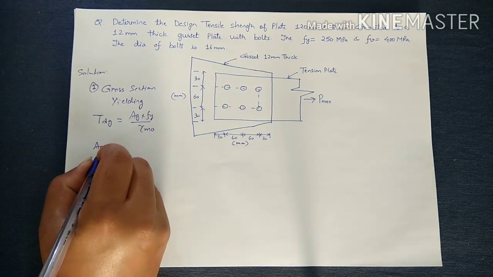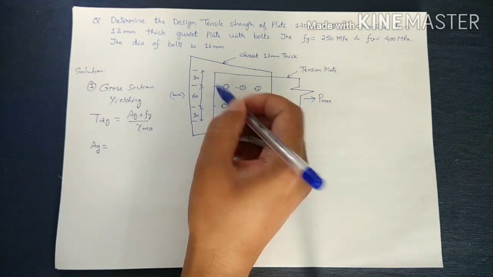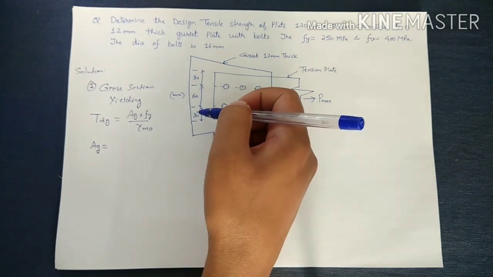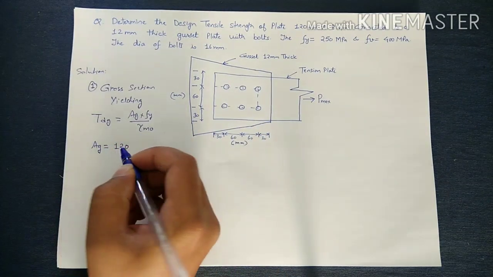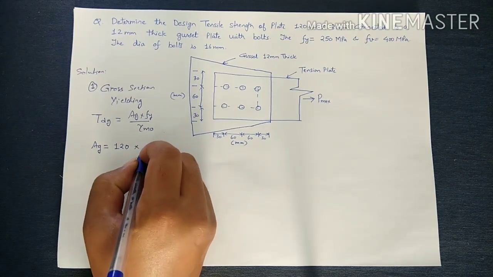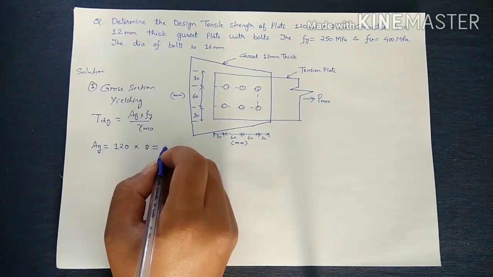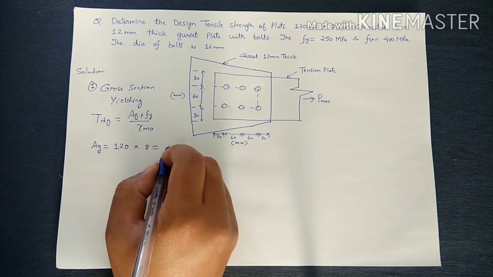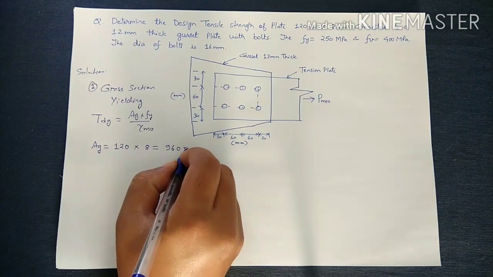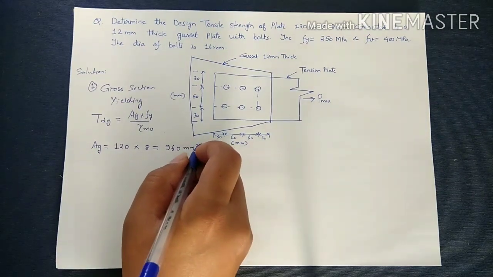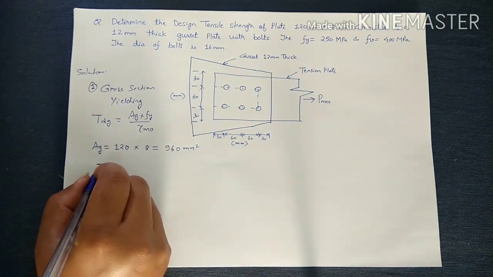Gross area of the plate will be equal to, as you can see, the total width is 60 plus 30 plus 30, that is 120. 120 into 8, that is your thickness, which will give the cross section of the plate, which will be equal to 960 mm square.